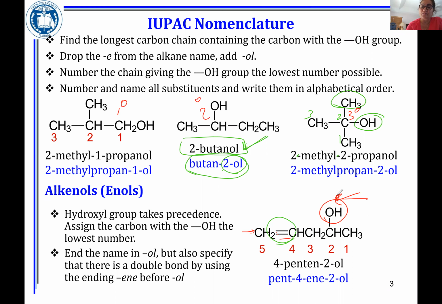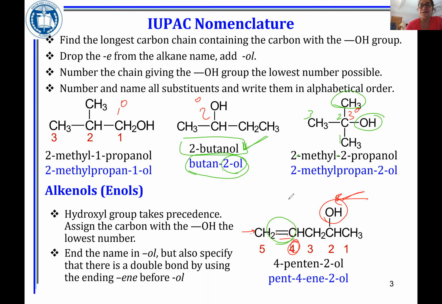OH has to be on a lower number compared to the alkene functional group, so you must number from right to left. You give location to all functional groups. If there is any branch, which in this case, when you number the carbons, there are no branches. So you have your OH on carbon number 2 and alkene on carbon number 4.